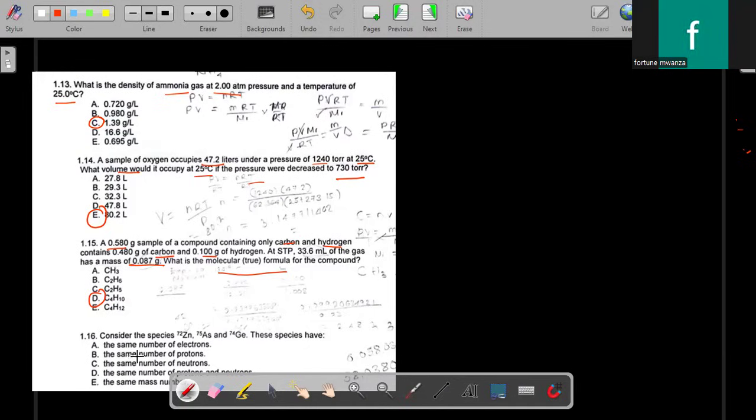Now, do these species have the same number of electrons?